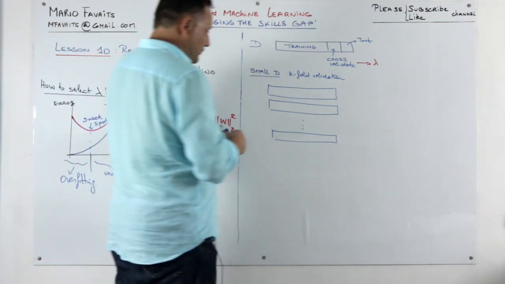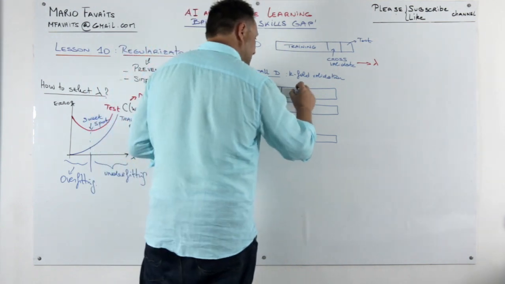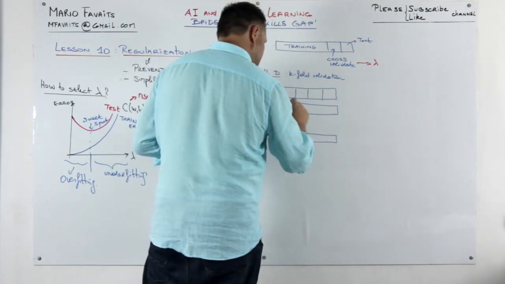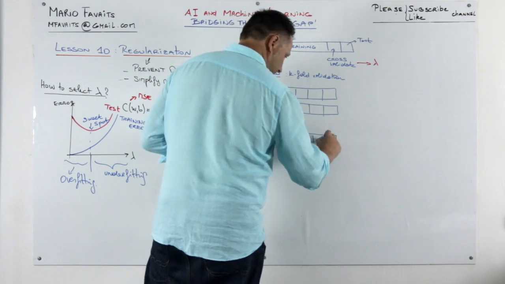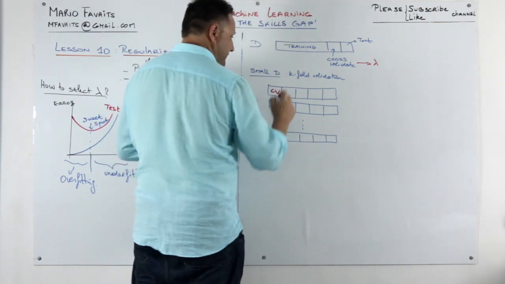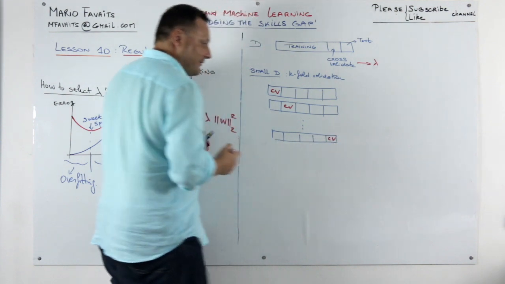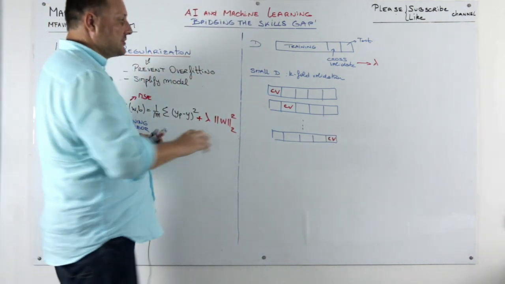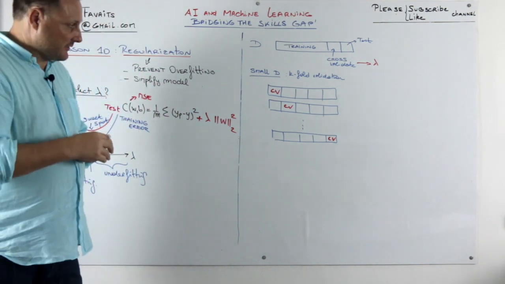So one way to avoid that, especially if you have a small data set, is that you split your data set into, for example, 5 pieces, and you do 5 runs. This is cross-validation. So you change your cross-validation set as you do multiple runs.